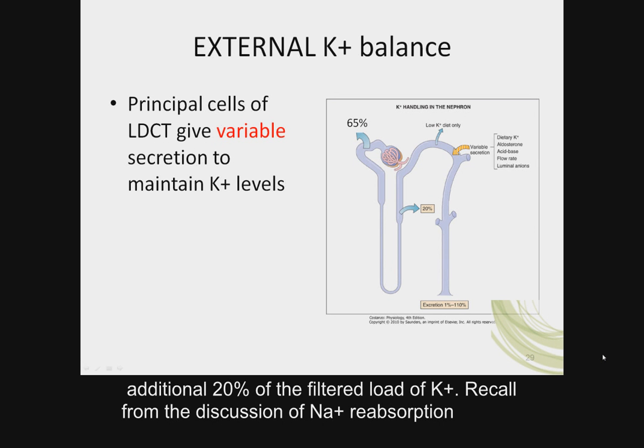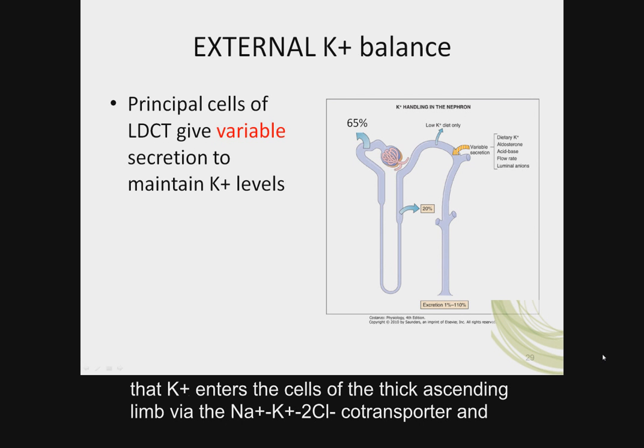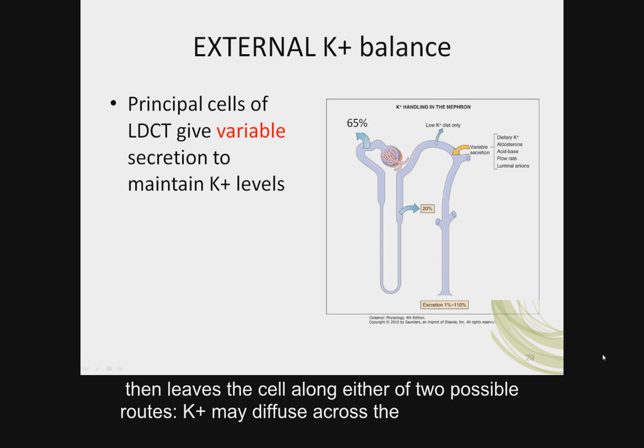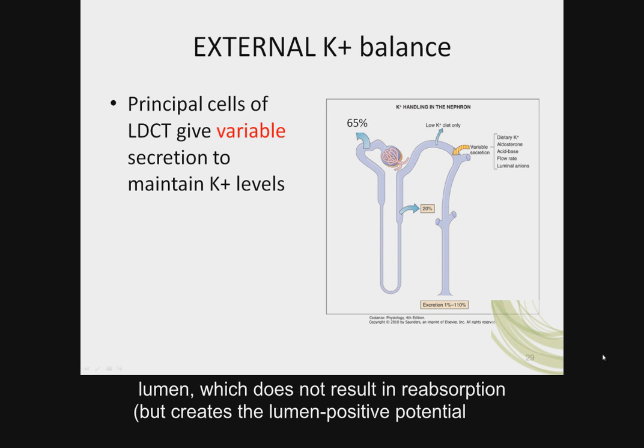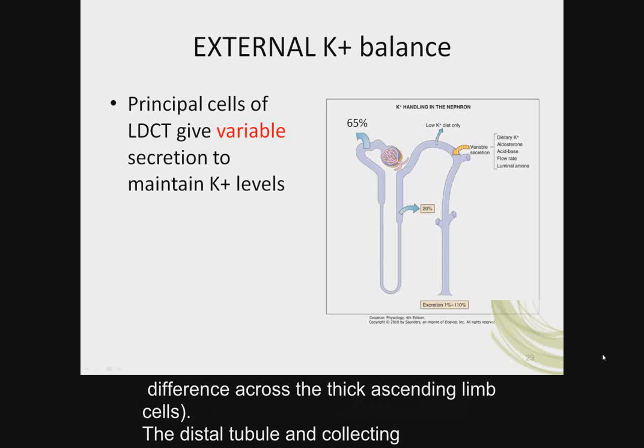Recall from the discussion of sodium reabsorption that potassium enters the cells of the thick ascending limb through the sodium-potassium-2-chloride cotransporter and then leaves the cell along either of two possible routes. Potassium may diffuse across the basolateral membrane through potassium channels to be reabsorbed, and potassium may diffuse back into the lumen, which does not result in reabsorption, but creates the lumen-positive potential difference across the thick ascending limb cells.